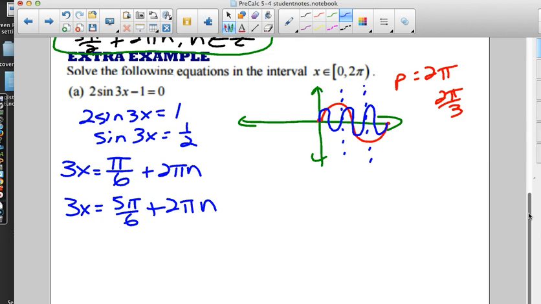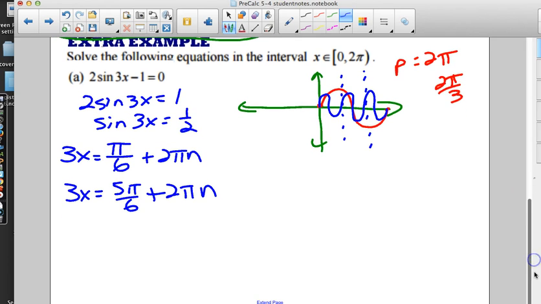So we could say it's already fractions, let's multiply everything by 1/3. Either way, we're going to get the same answers. This one will lead us to pi over 18 plus 2 pi over 3n. I'm giving you all the solutions again.